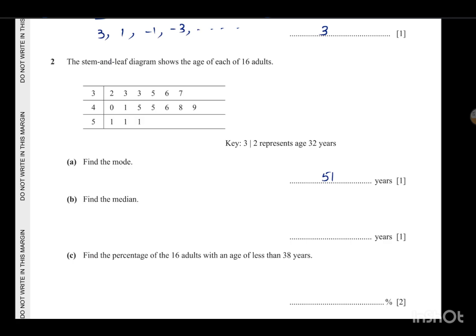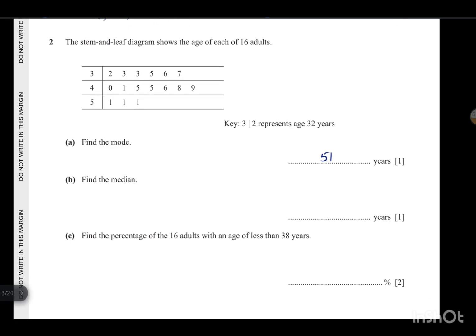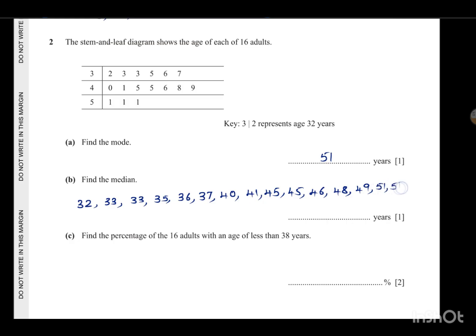Then median. You have to do the median carefully, students. Write down all the numbers in increasing order. So 32, 33, 33, 35, 36, 37, 40, 41, 45, 45, 46, 48, 49, 51, 51, 51.